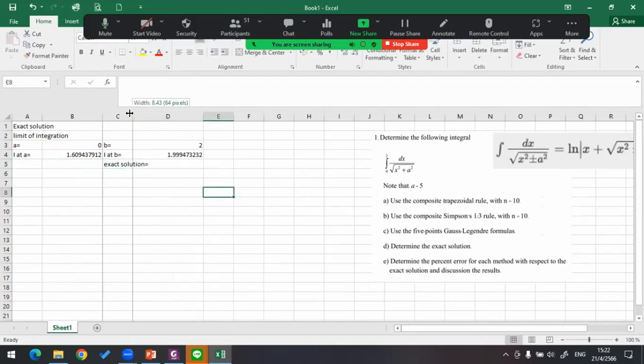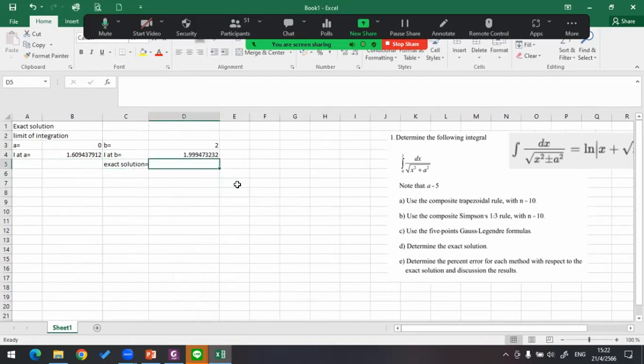The integration of f(x) dx from a to b is equal to the result at point b minus the result at point a, right? That is this result.